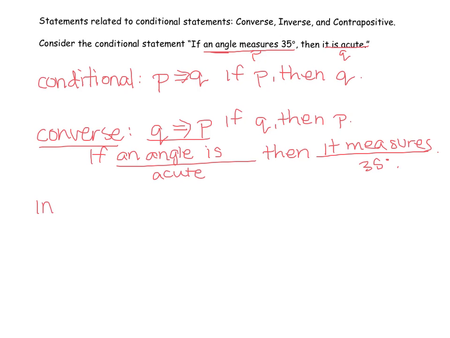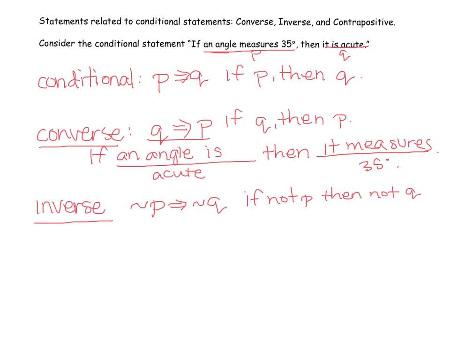The inverse negates the P and the Q but doesn't change the order. So the inverse of a statement is, and we write it, remember, from the truth tables, not P implies not Q. Or if not P, then not Q. So in this case, our P was if an angle measures 35 degrees.